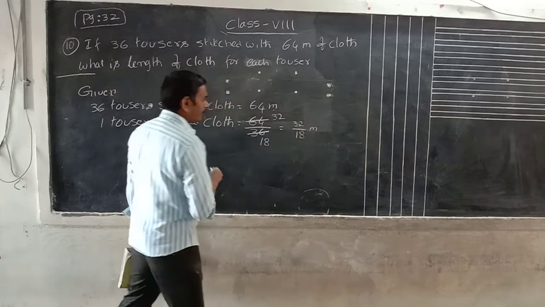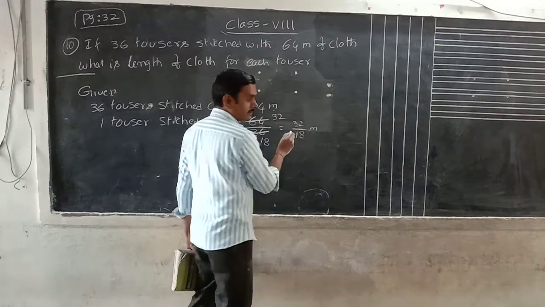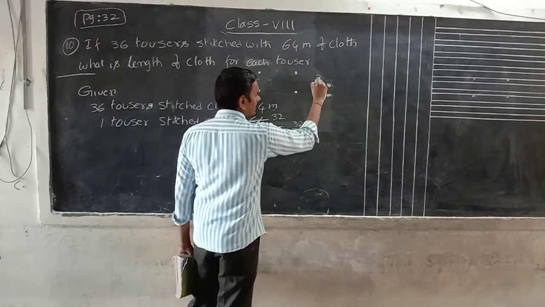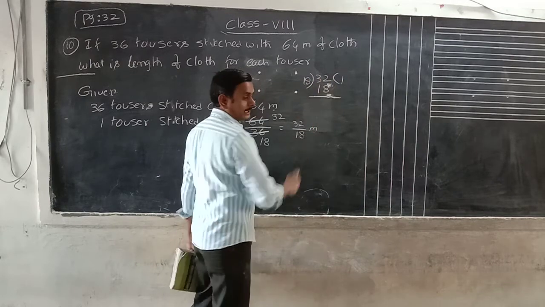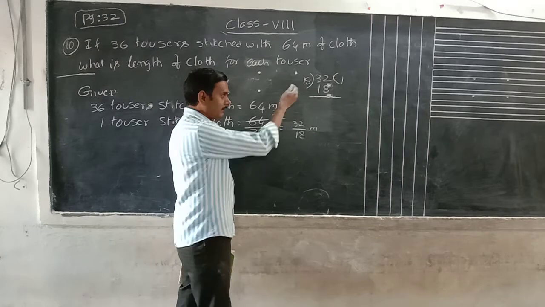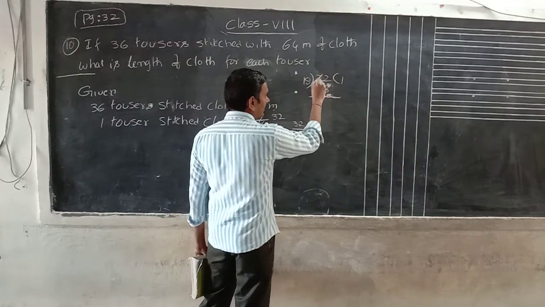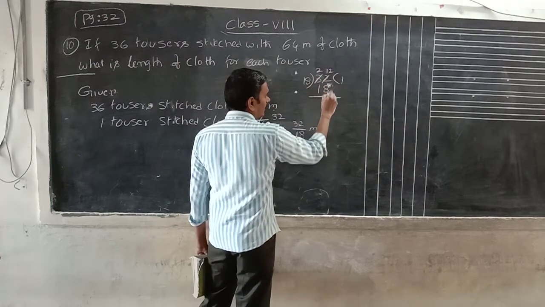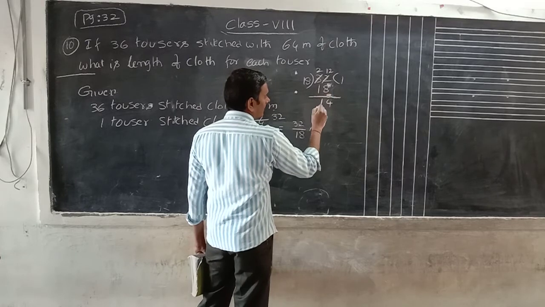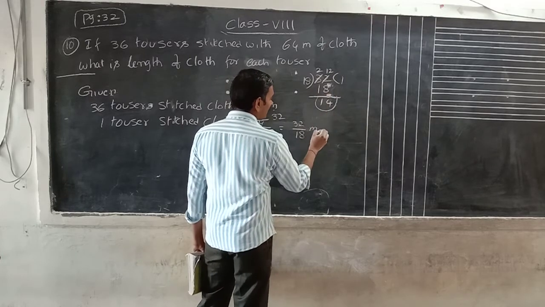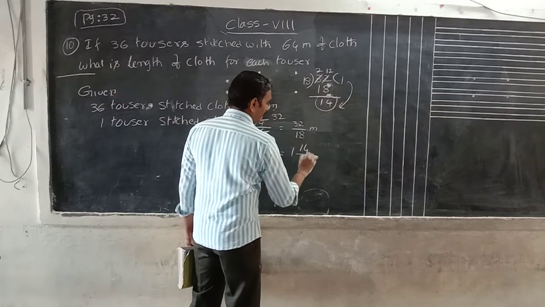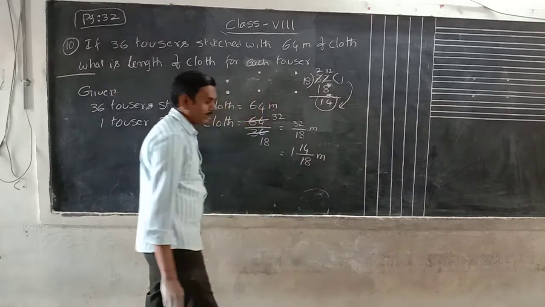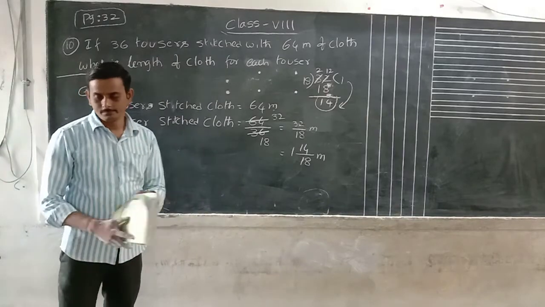This is an improper fraction. A mixed fraction you have to write. 18 1s are 18, 18 2s are 36. 36 may not divide. So 18 1s are 18. By subtracting we will get it. This is 2, this is 12. That means we can write 1 and 14 by 18 meters. That is the only answer.